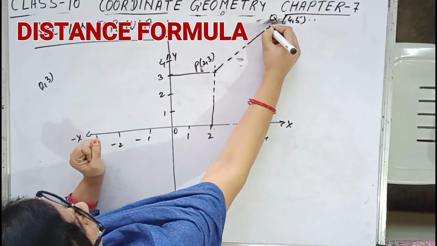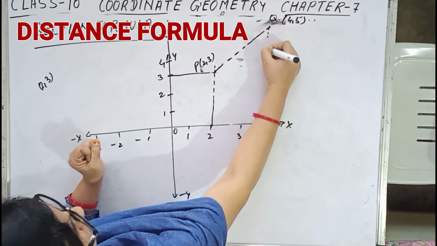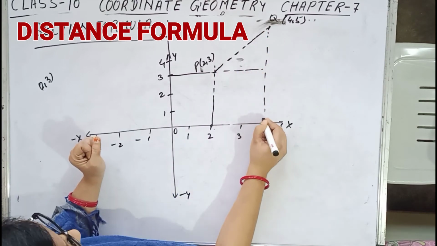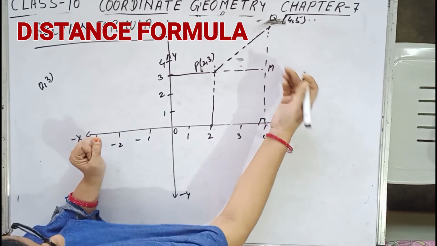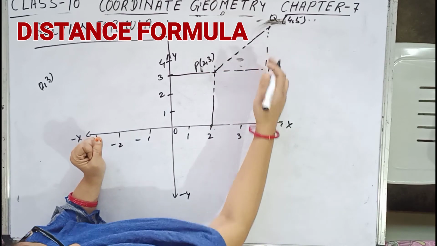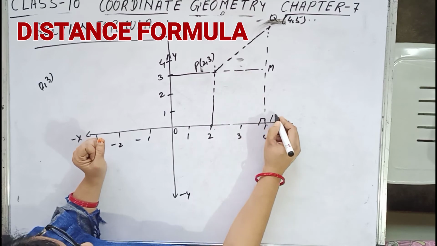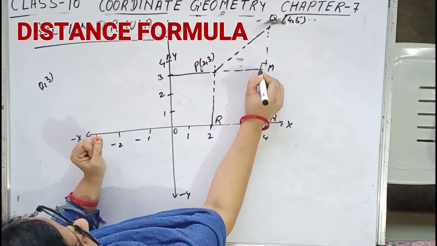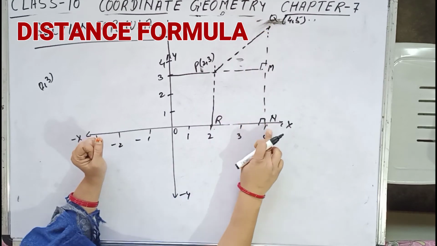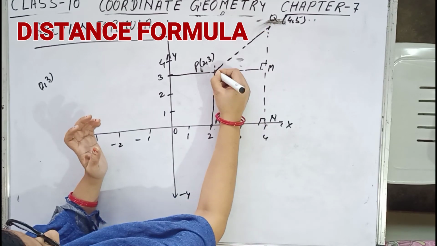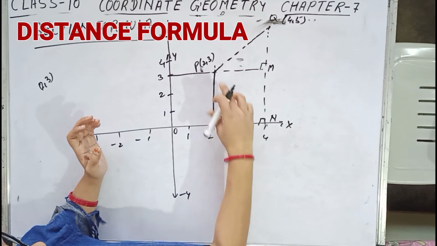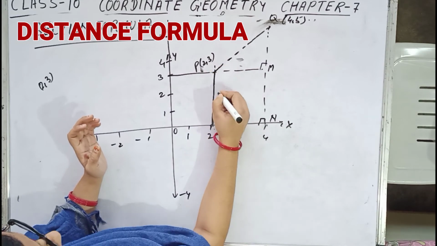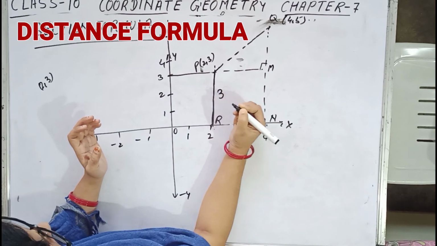Now over here, for this length PQ, I draw a perpendicular on the x-axis from Q, and I name the foot N. Suppose I draw one perpendicular PM on QN, and over here I name the point R. Then if I ask what is the distance PR, you will say that PR distance is 3.